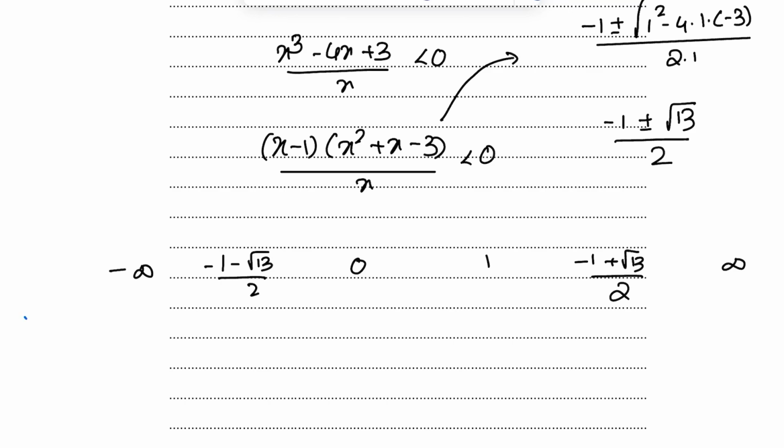What are the things I need to check? x − 1, then x² + x − 3, and x itself. x itself is very simple: negative, negative, positive, positive, positive. Whereas x − 1 becomes negative, still negative, then still negative, and positive and positive.